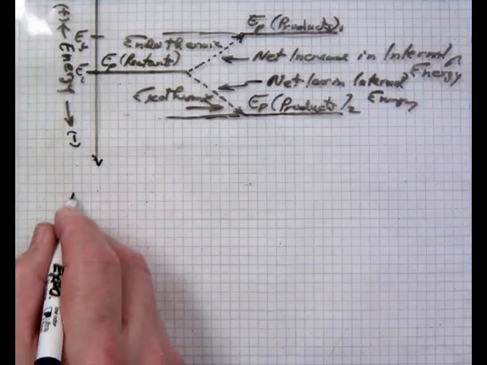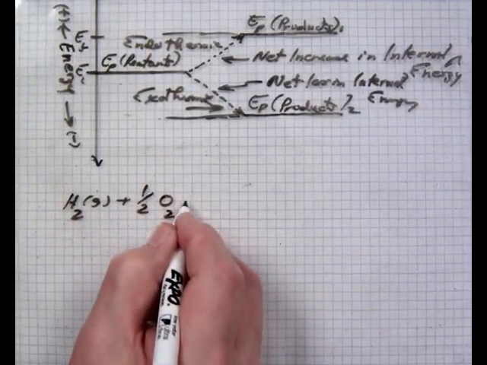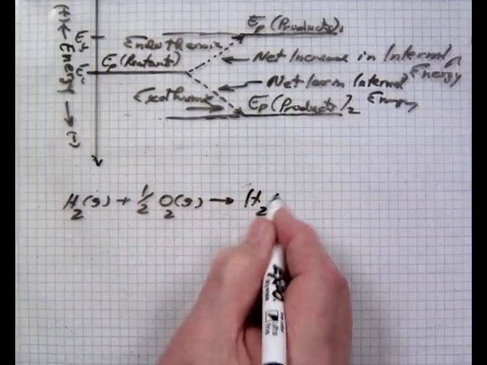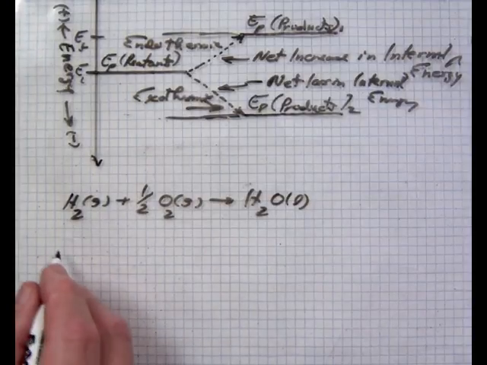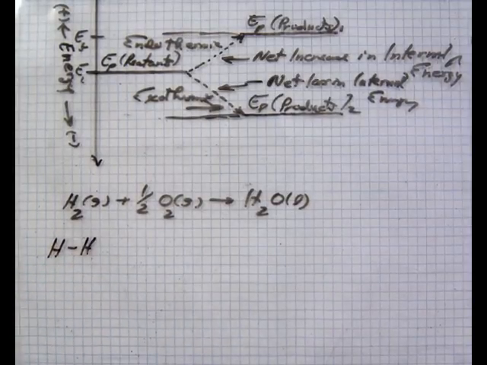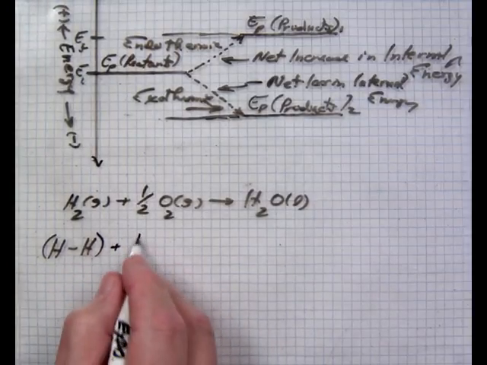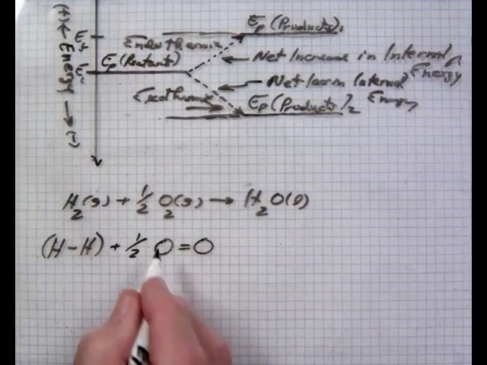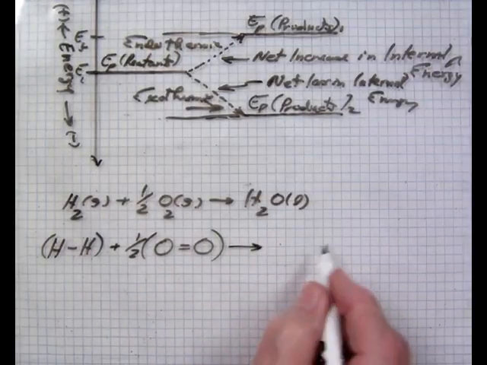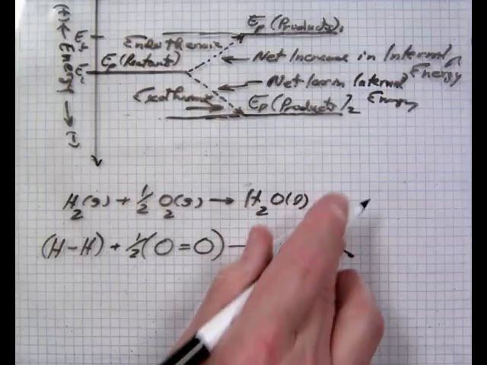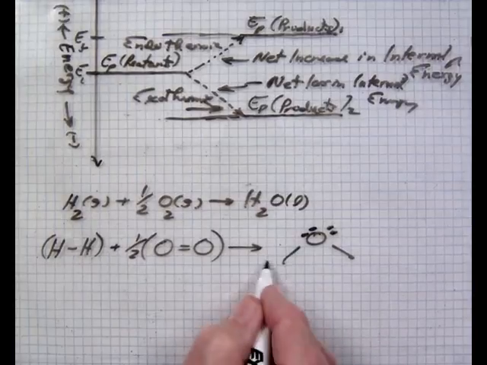Well, if we take H2 gas plus half mole of O2 gas goes to H2O, water. Hydrogen has a structural formula that looks like that, and oxygen has a structural formula that's a double bond like that, and the water has a structure that looks like this according to the molecular geometry rules.